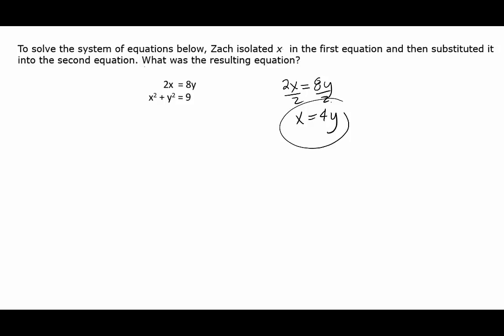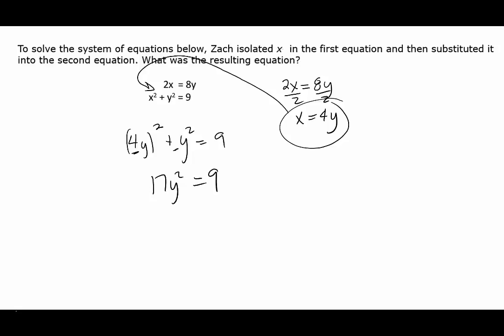So now take this and you're going to substitute it in for x. 4y quantity squared plus y squared equals 9. So that's 16 plus 1 is 17. Y squared is equal to 9.